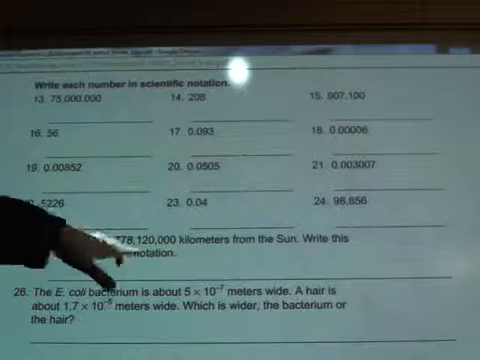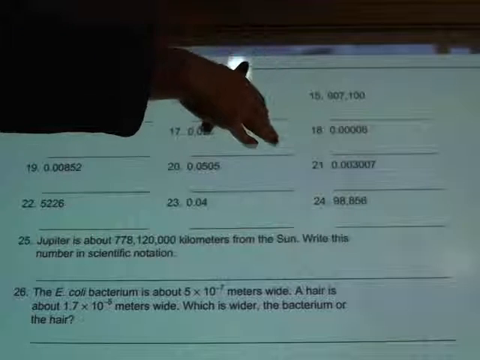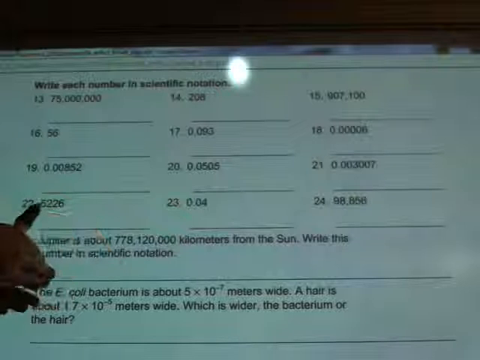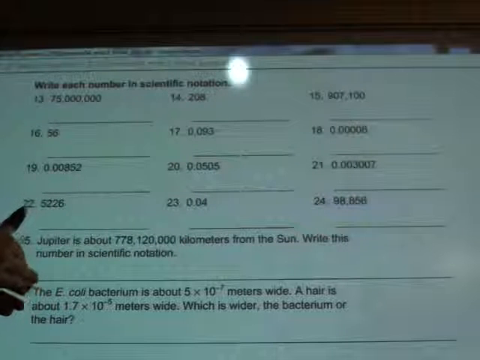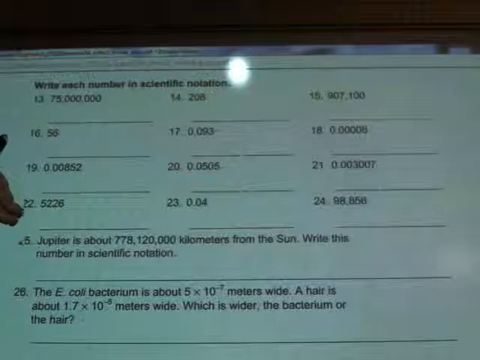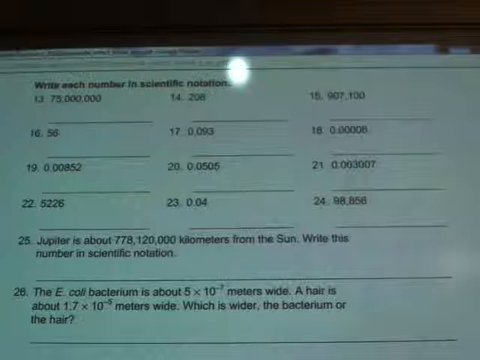If I'm moving this 7 times to the left, that's going to give me a long decimal. If I move this one here only 5 times to the left, that's going to give me a shorter decimal. Well, think about it. In decimals, the shorter the decimal, the bigger the number there. So the shorter decimal is going to then be, of course, the bigger number, or in this question, the wider number will represent the wider thing.